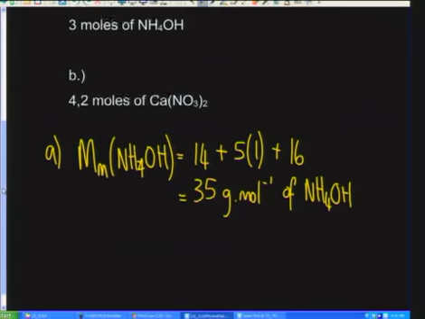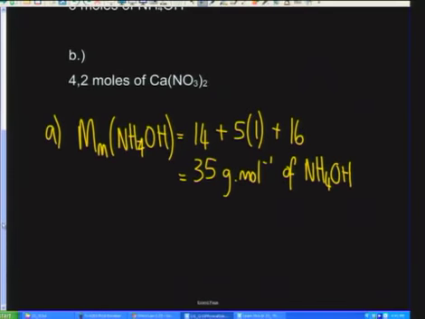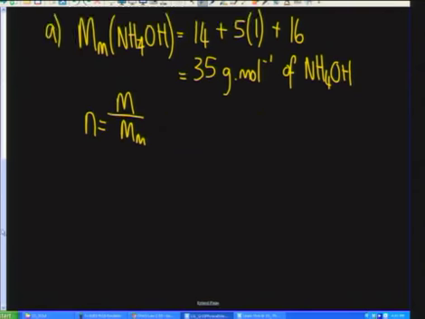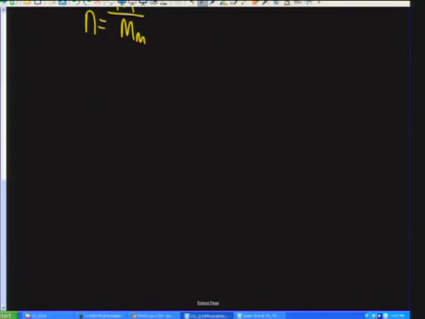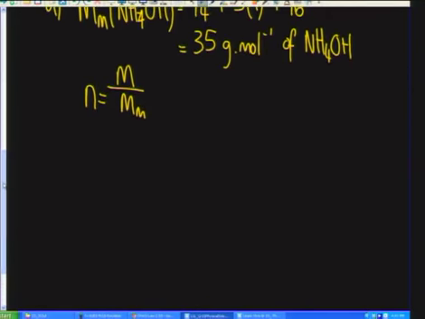Right. Now I want to say, okay, well then what would the mass be? So my number of moles is equal to mass divided by molar mass. Now, as I work this one out, the number of moles was 3. The molar mass was 35, and I'm solving for the mass.